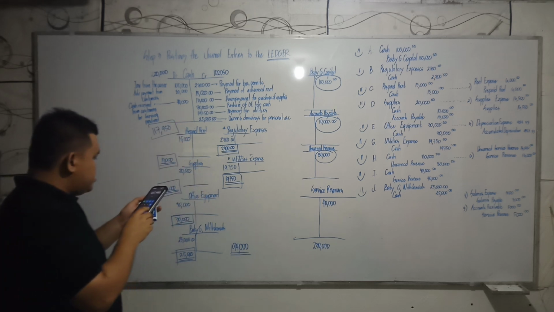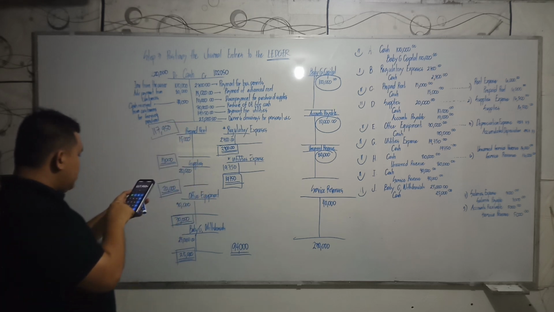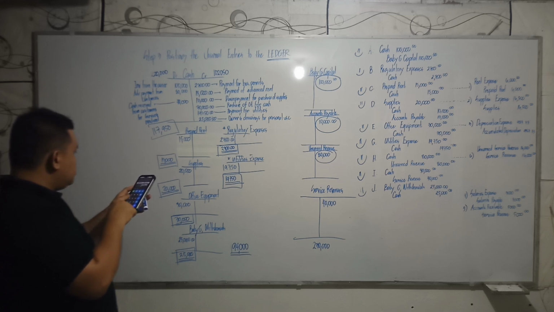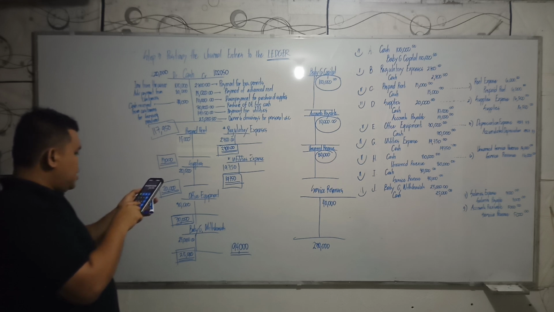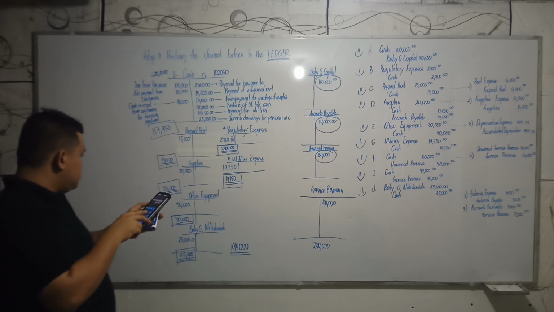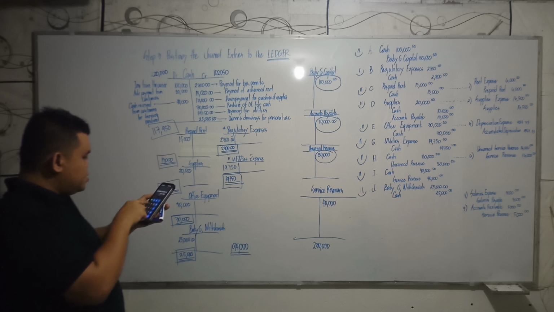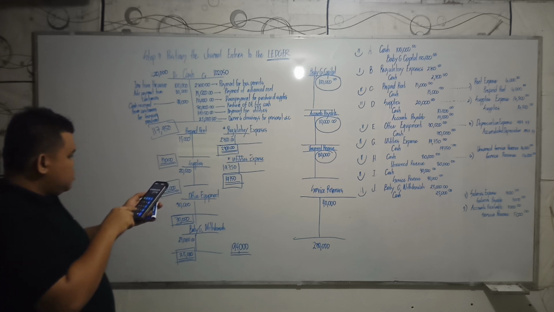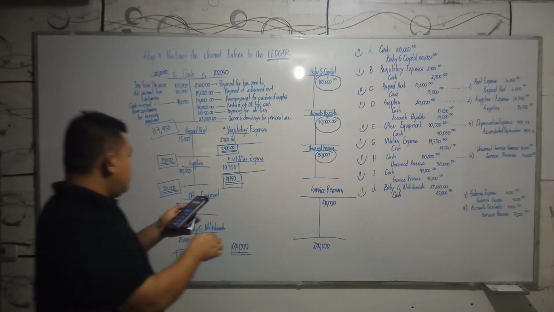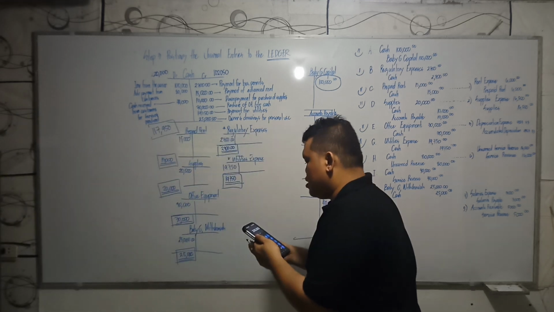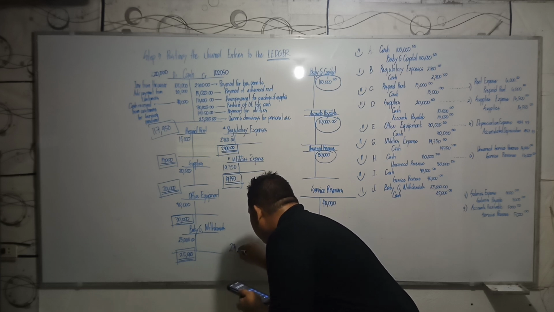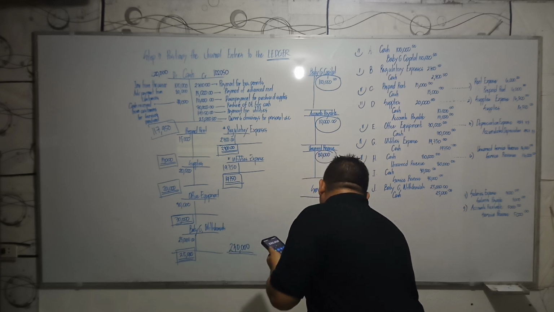So let's add again: 117,950 plus 15,000 plus 20,000 plus 30,000 plus 25,000 plus 19,750. Yes. Plus 23. And we have 230,000 actually. So 230,000. And that's it for step 3.